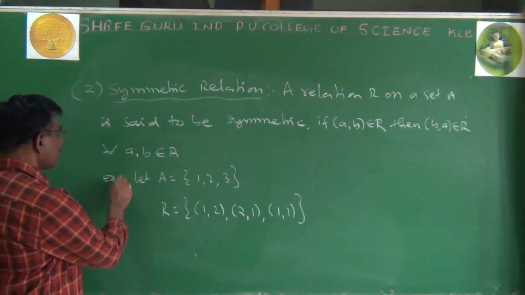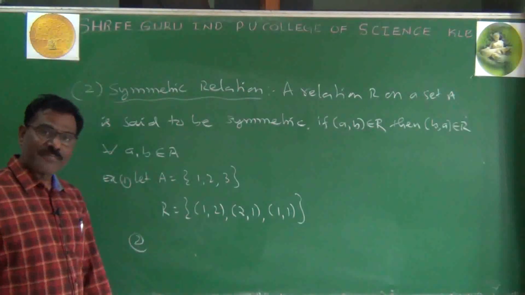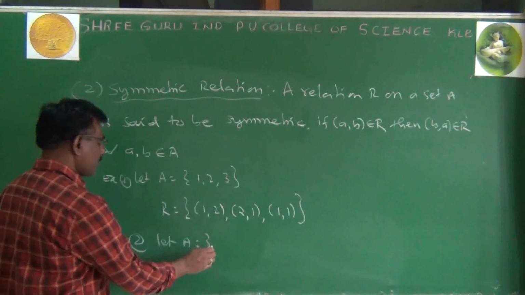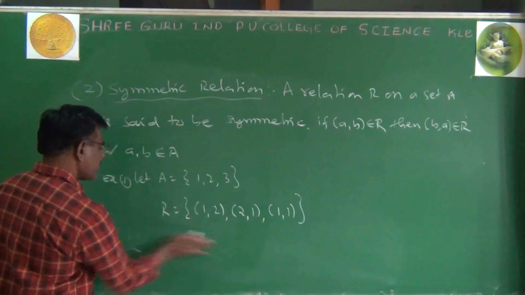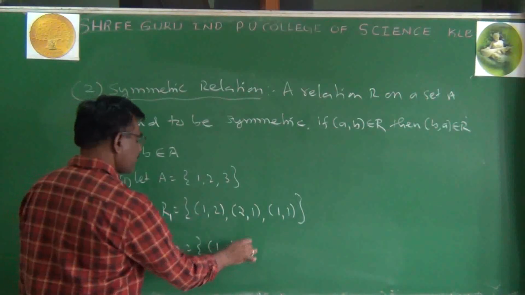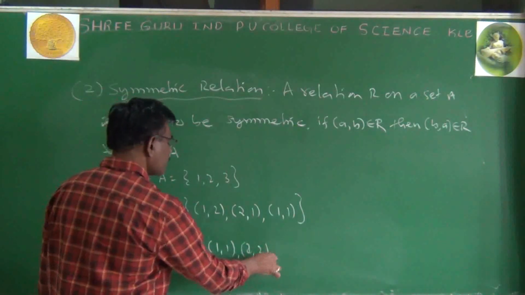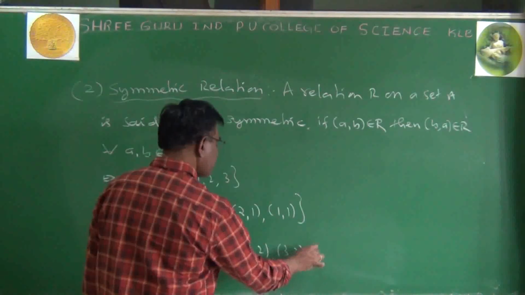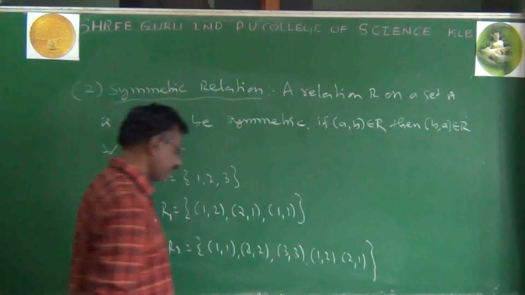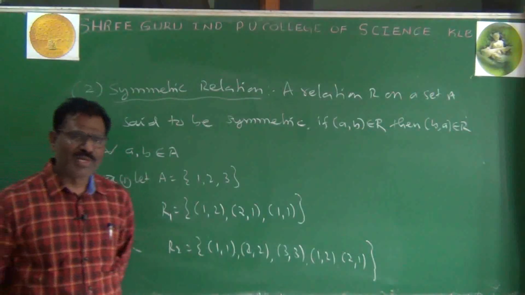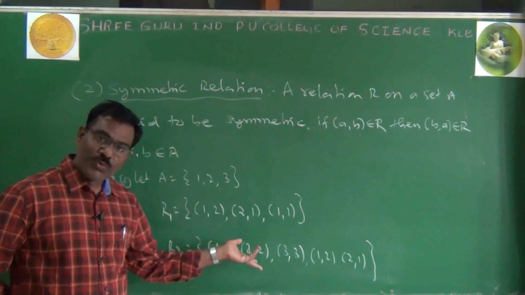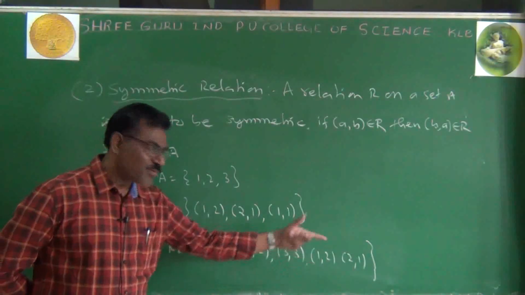Now the second example. A is the same set only, right? This is R1, this is R2. R1 is 1, 1, 2, 2, 3, 3, 1, 2, 2, 1. Check whether it is reflexive or symmetric. Yes, this is also a symmetric relation. But here I am taking only three pairs, 1, 2, 2, 1.